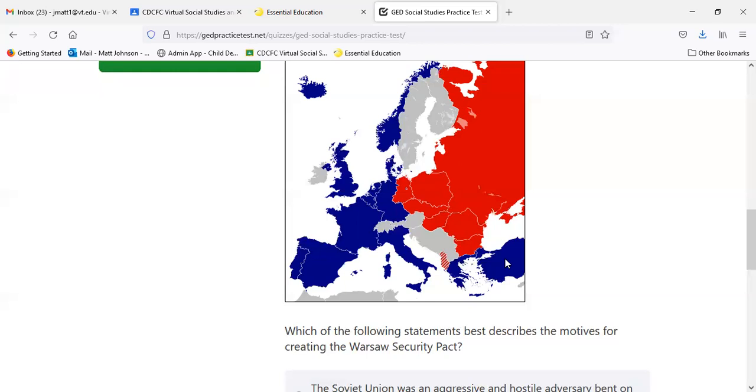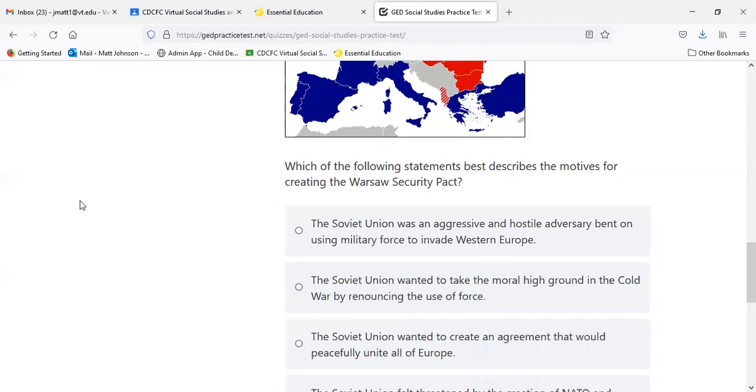Now we're looking at Finland and Sweden up here, these two dudes, joining NATO as well. Finland was sort of aligned with the Soviet Union, but they were pretty neutral. Sweden is typically kind of neutral. But now they're joining as a response to some of the actions Russia's been taking.